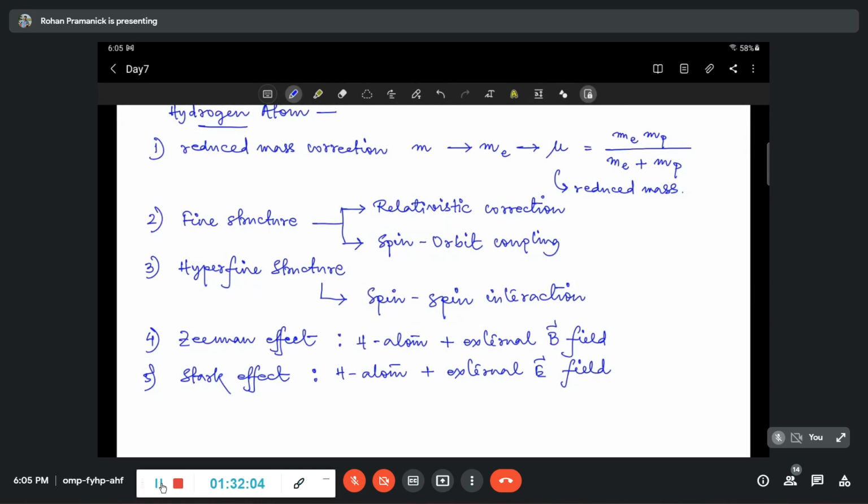But I hope I can finish fine structure and hyperfine structure tomorrow. So I will start with the fine structure with the relativistic correction tomorrow, and I will somehow speed things up. If you have some conceptual difficulty, please stop me, then we can discuss.